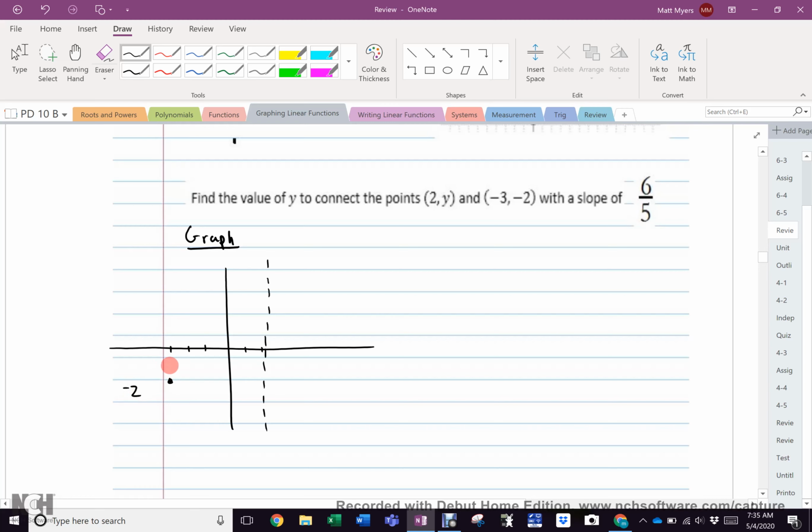So I go up negative 1, negative 2, negative 3, negative 4, negative 1, 0, 1, 2, 3, 4. Then I go over 5. Negative 1, 2, negative 1, 0, 1, 2. So that point right there has to be 2, 4. Or, of course, you can do it with the slope formula.